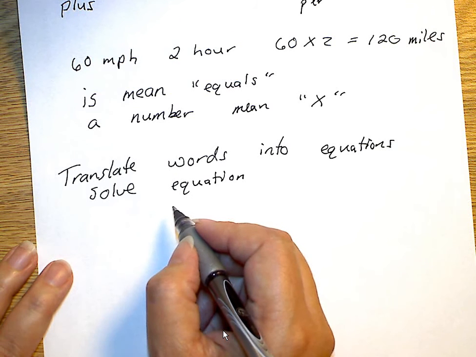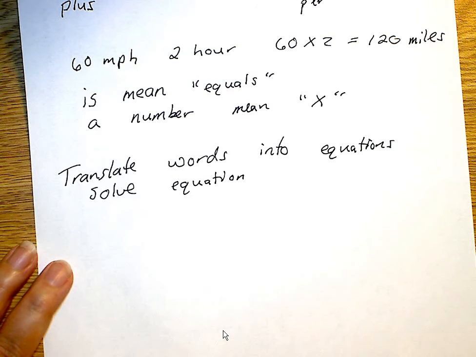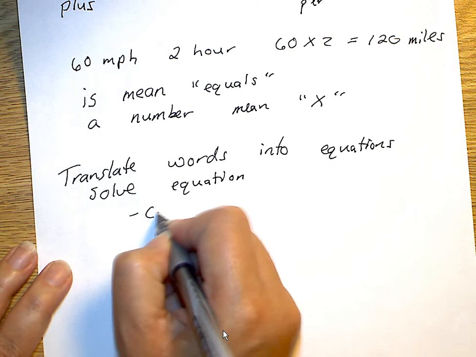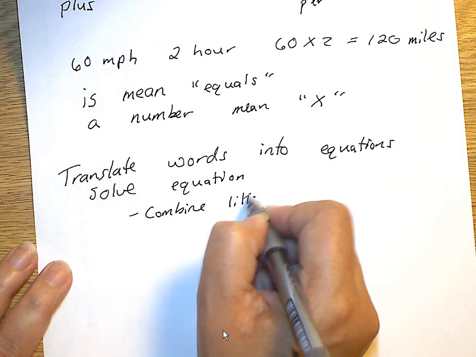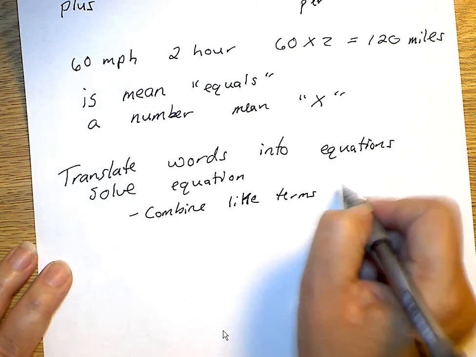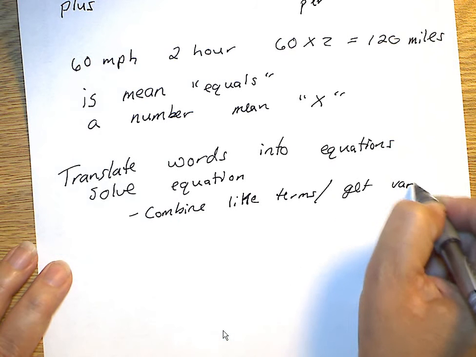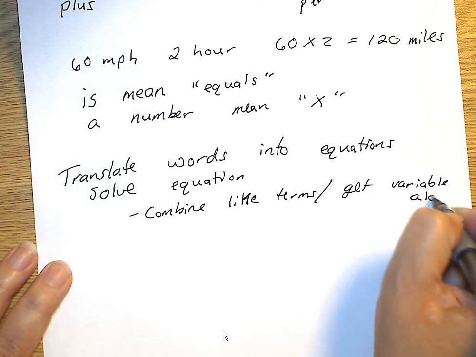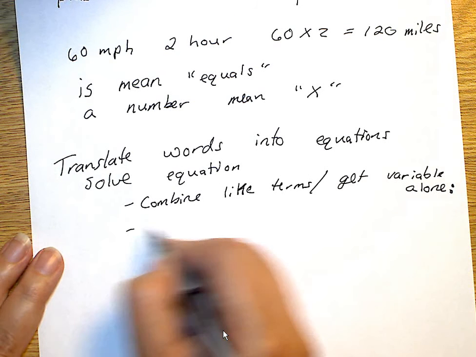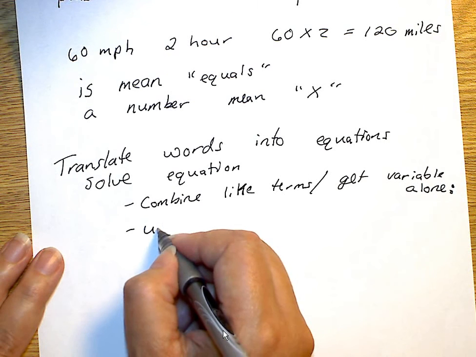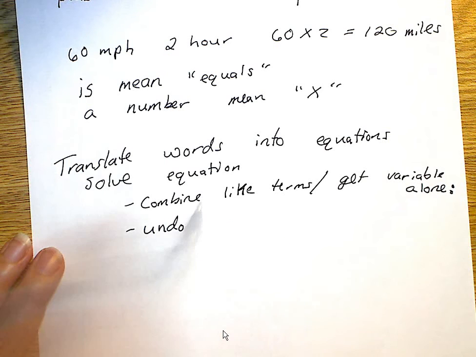When you solve the equation, the first thing you're going to do is combine like terms or get the variable alone. And remember, on your undoing, you're doing your order of operations backwards. So when you're undoing, what's the first thing you have to look for?